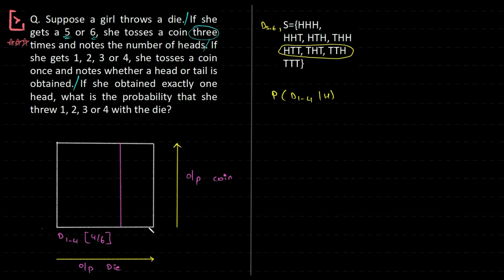Just go to the simple question. If I had given you a simple question, what is the probability of getting a number less than 5 when we throw a die? And us getting 5 or 6 is 2 by 6. And within this space, we have to understand that half of the time we get heads and half of the time we get tail.